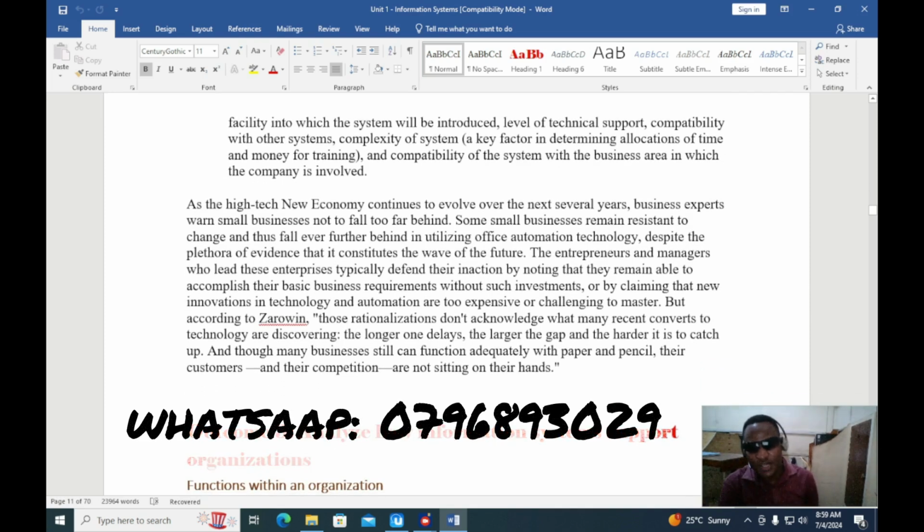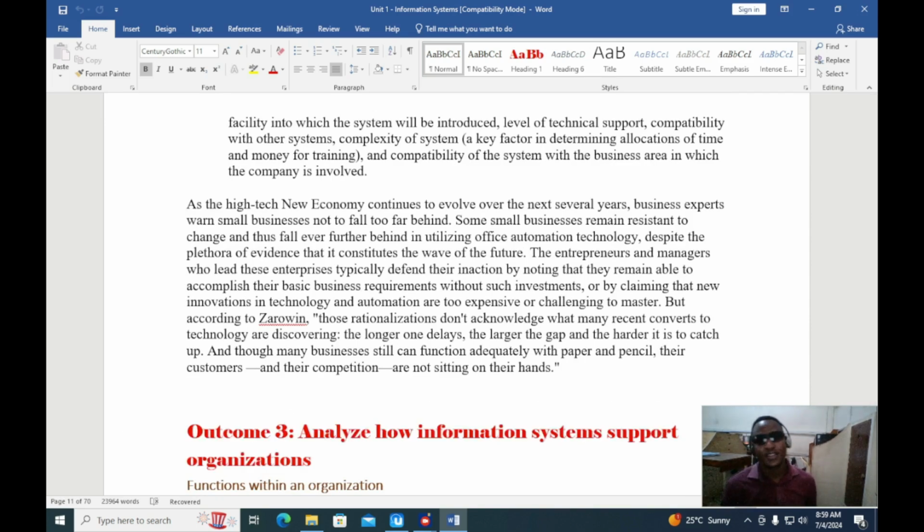Though many businesses can still function adequately with paper and pencil, their customers and competition are not sitting on their hands. So the earlier you jump into automation, the better, regardless of the cost of implementing it and the complexity of mastering it.